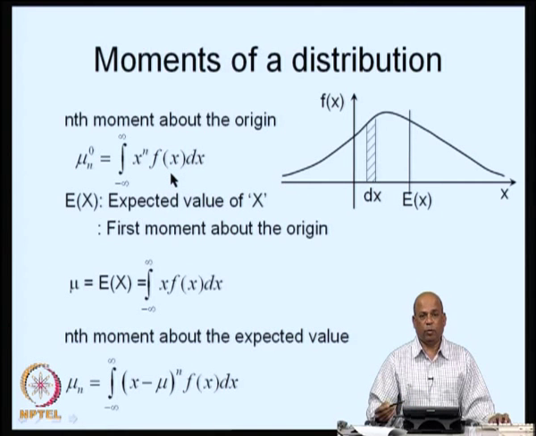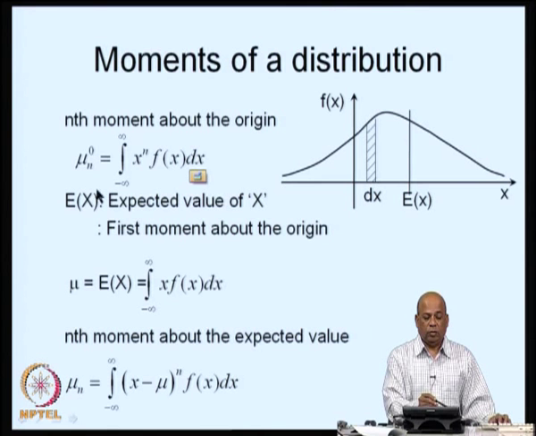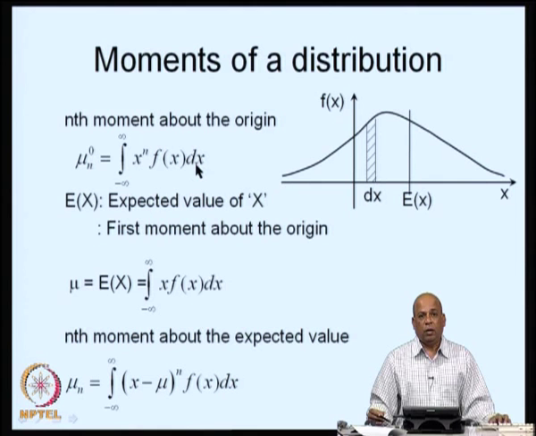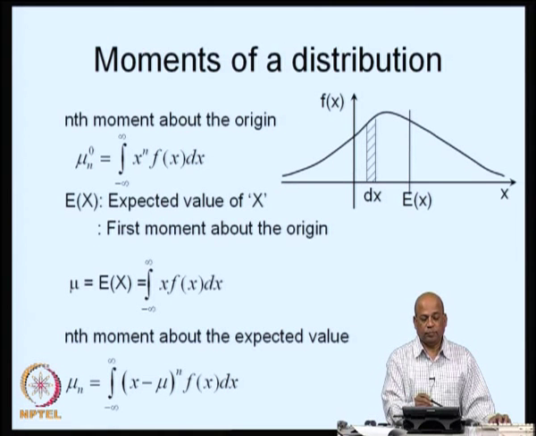So, we are defining the moments of the probability density function. The nth moment about the origin is simply the integral from minus infinity to plus infinity of x to the power n f of x dx. Let us take the first moment.